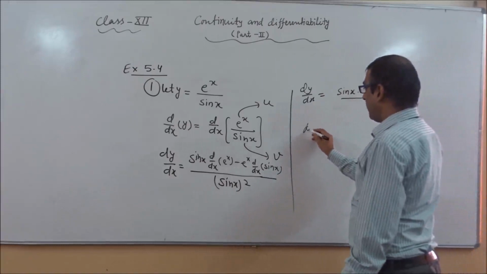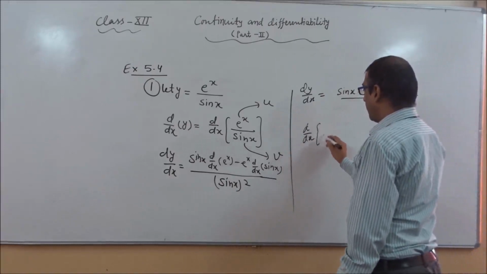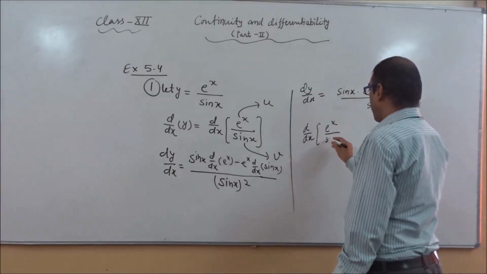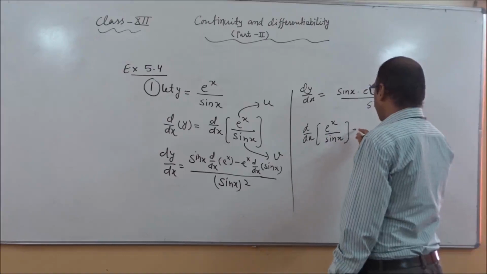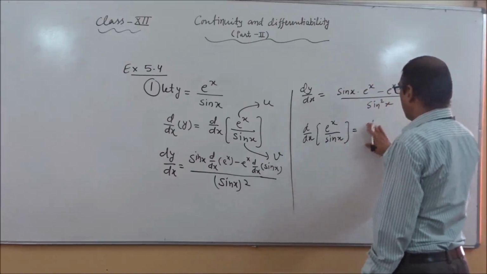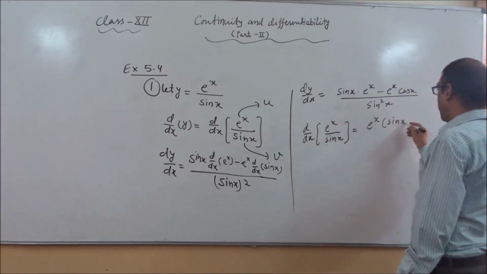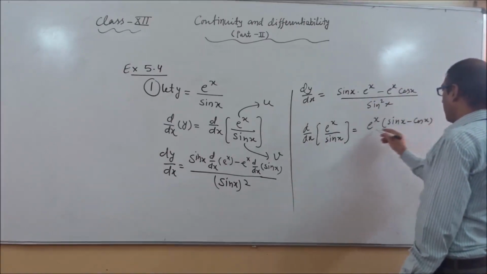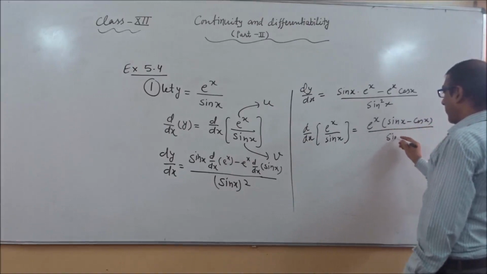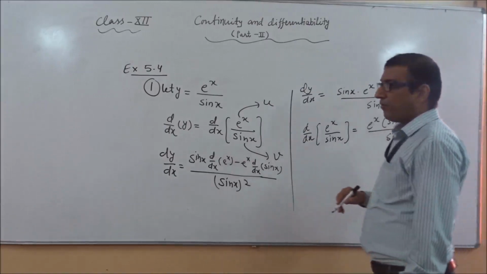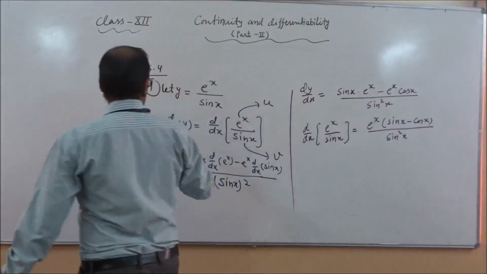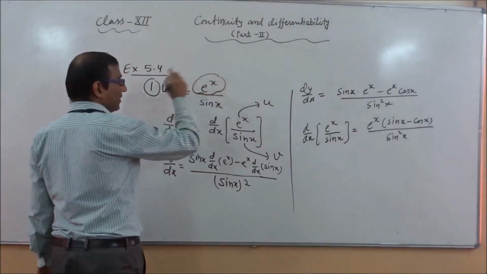It means when we differentiate the given function, or if you want, we can take the exponential function common, and it remains this upon sin square x. So this is the way of solving the question in which an exponential function is given.